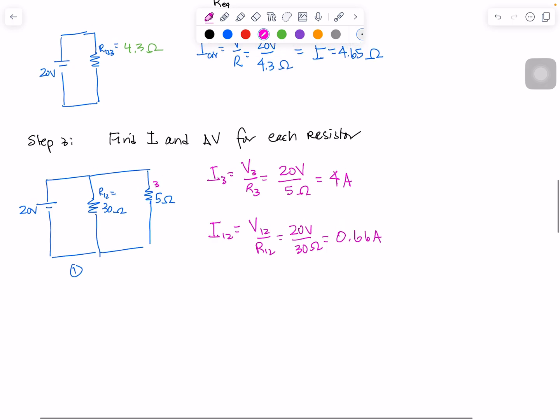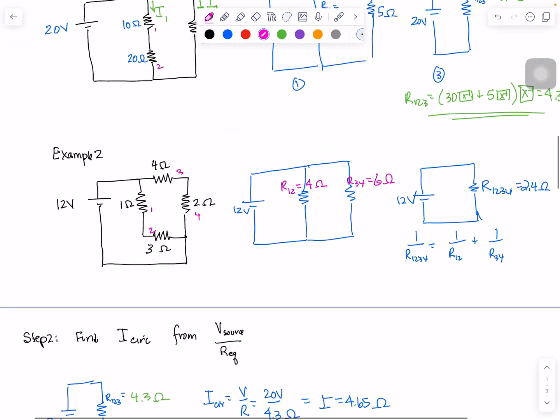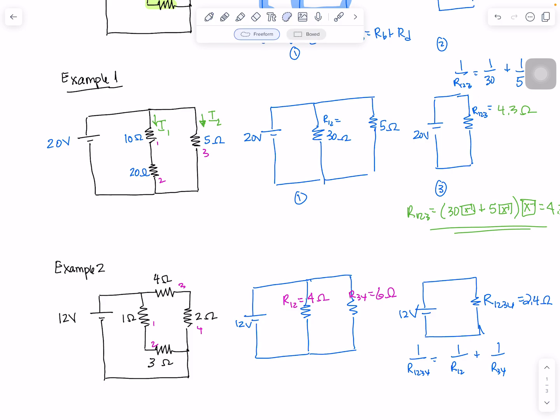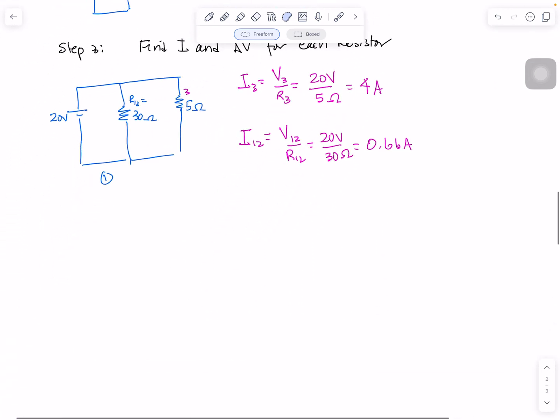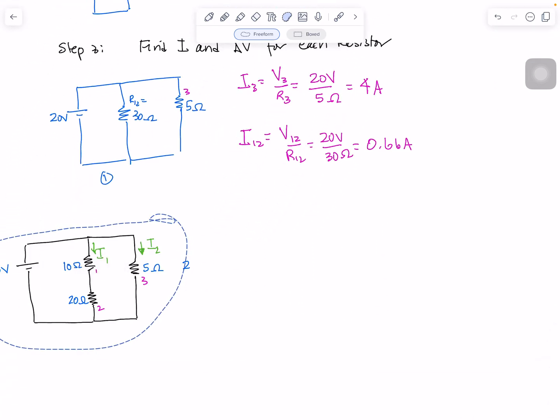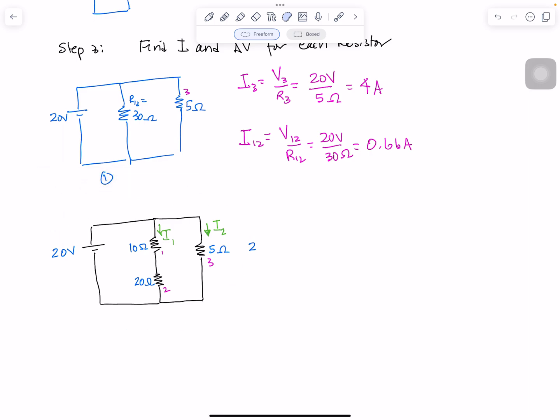So now I'm going to go back to my total circuit, and so we just kind of put everything in. So I know that this is equal to R. I know that I is equal to 4 amps, and delta V is equal to 20 volts.